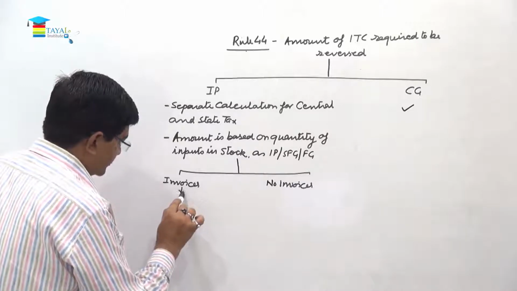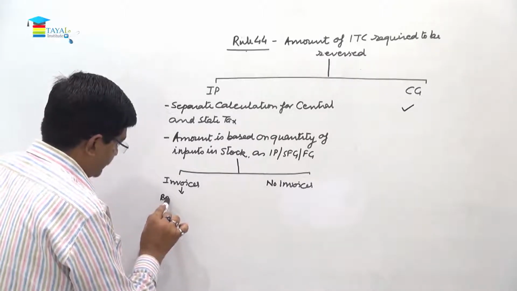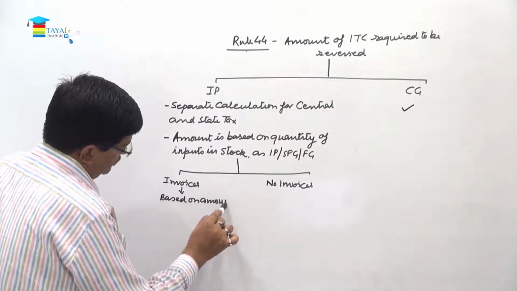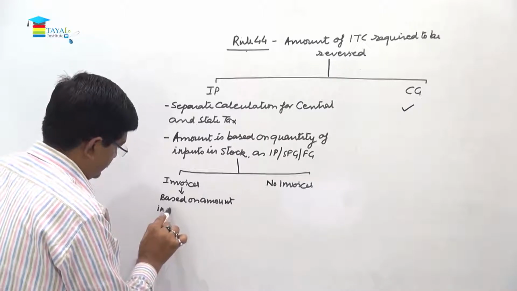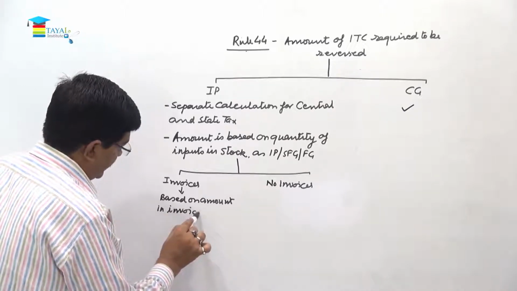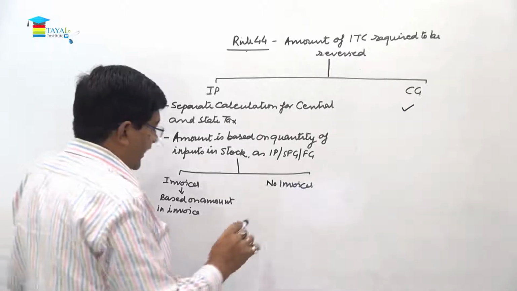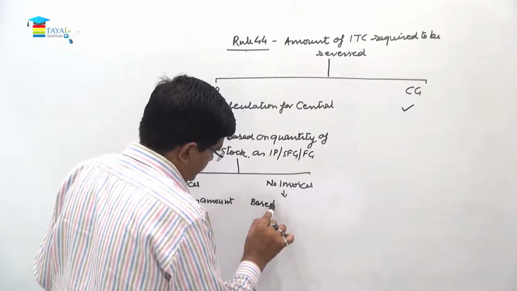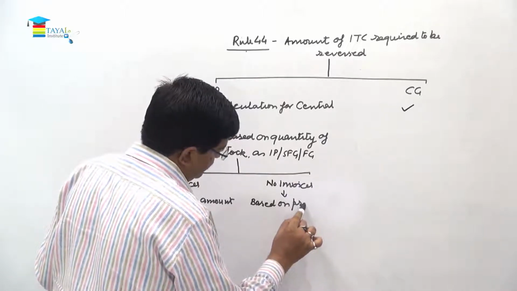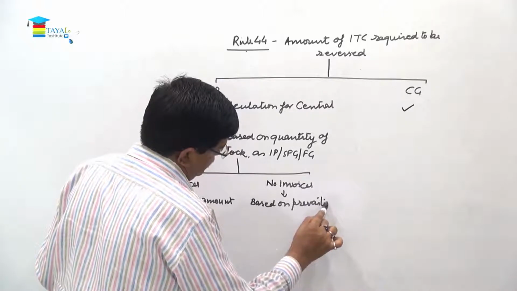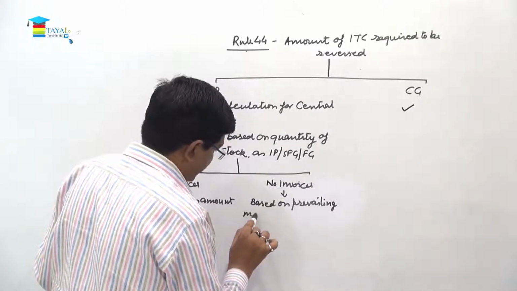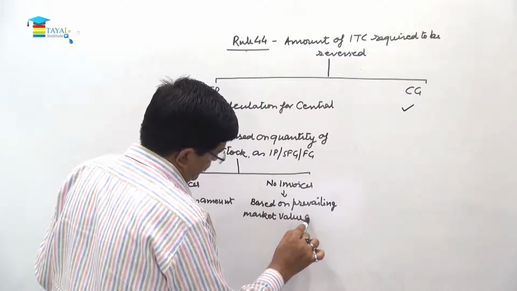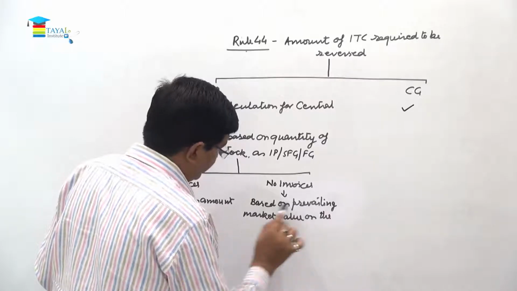So this is based on amount in invoice, and this is based on prevailing market value on the day of event.